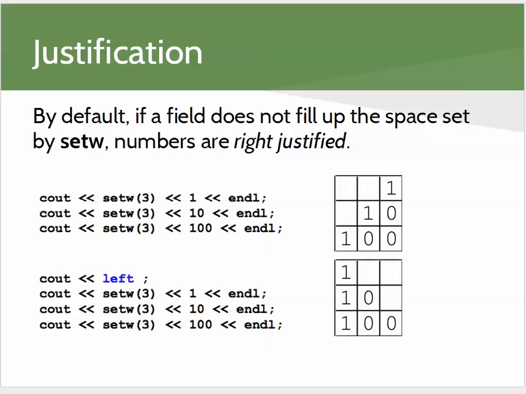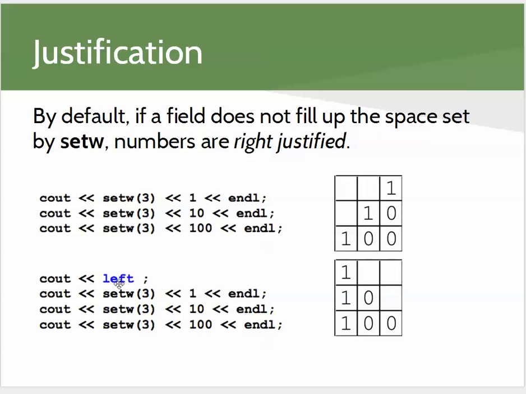By default, if you specify more digits than is required for a number, a digit, an integer, or a double, everything comes out right justified. And so if I was to actually write a program and cout with set width of 3, 1, 10, and 100, you would see it come out to the screen like this. Each line would be right justified.